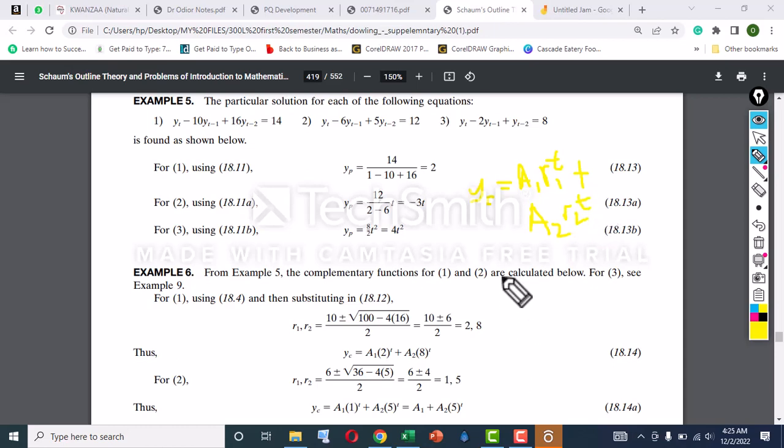That's our formula for the complementary function.